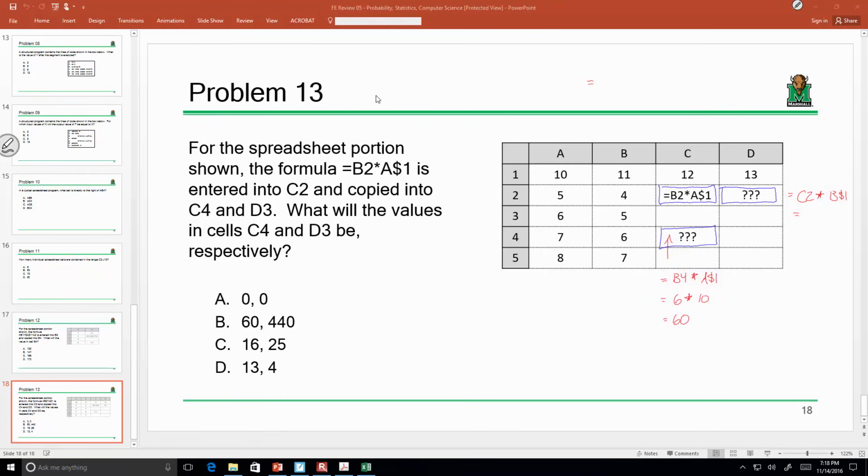That equals B2, which is 4 times 10, which is 40. So this is 40 times B1, which is 11, 440. Did y'all see that? Because it's referring to C2, which is here. We had to go through and compute that.